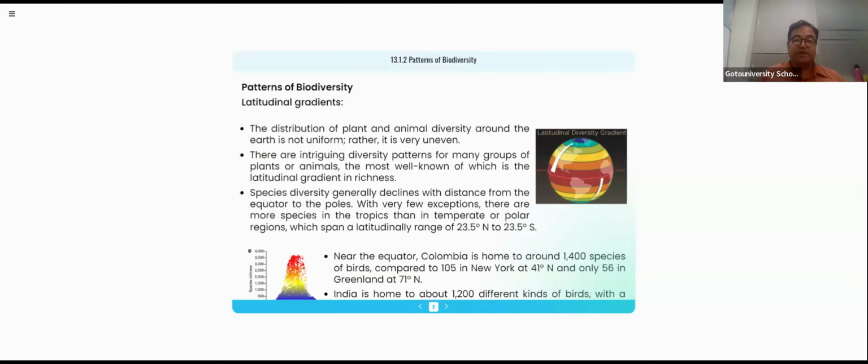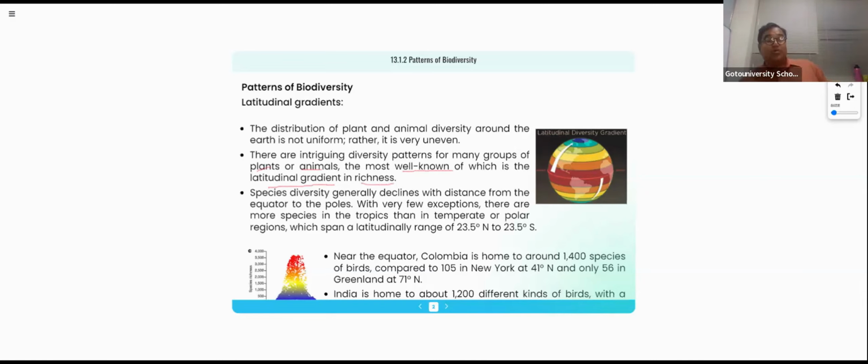Now, I'll give an example for the less rainfall area. Desert is an example. Can we give the Rajasthan desert as a very good example for the less rainfall area? Yes, of course. Deserts are not only in Rajasthan, they are in many places of the world. In biodiversity patterns of many groups of plants and animals, the most well-known is the latitudinal gradient in richness, right?